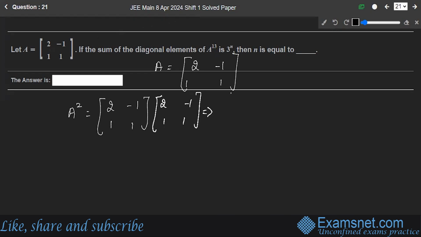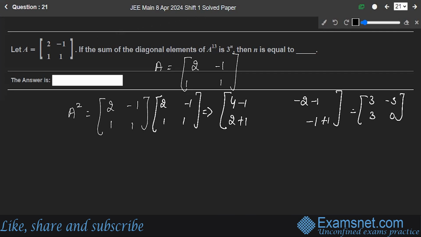This will be equal to 4 minus 1, and the second column minus 2 minus 1 and 2 plus 1 and minus 1 plus 1. This will give you 3, minus 3, 0.